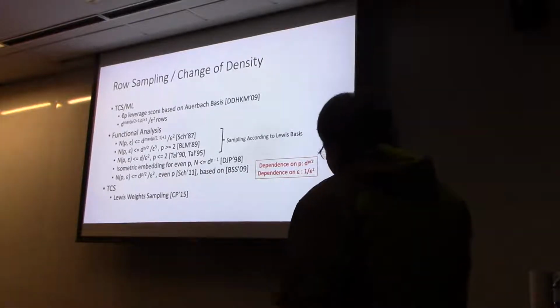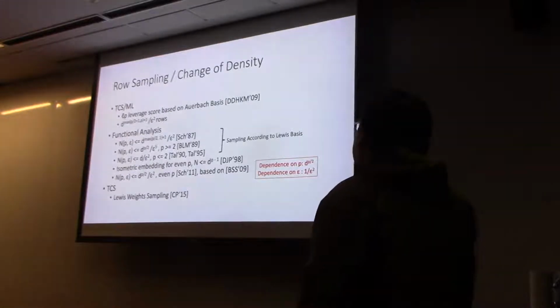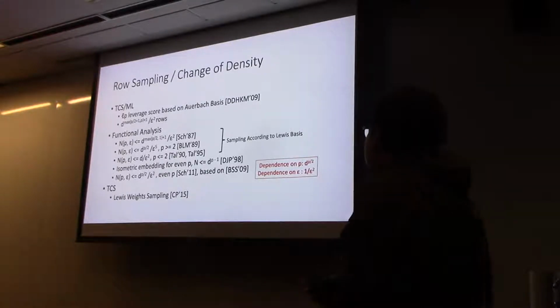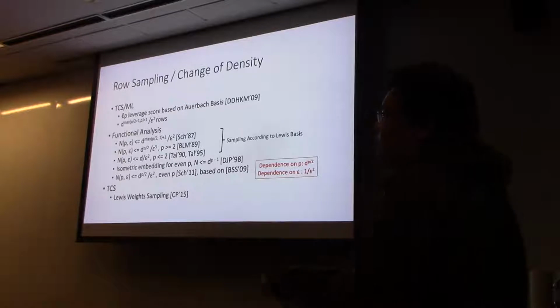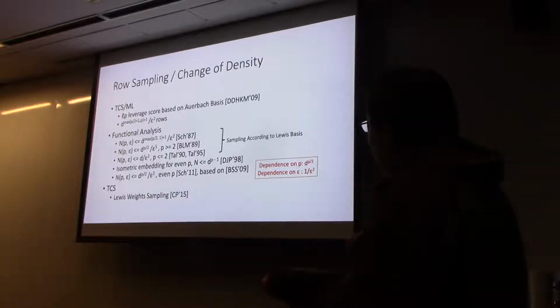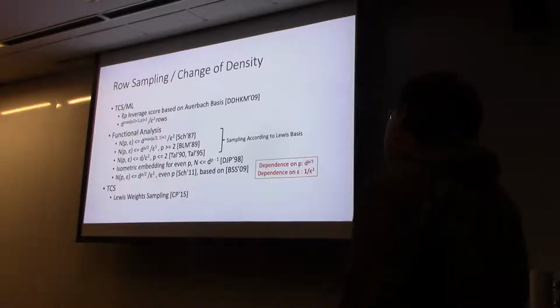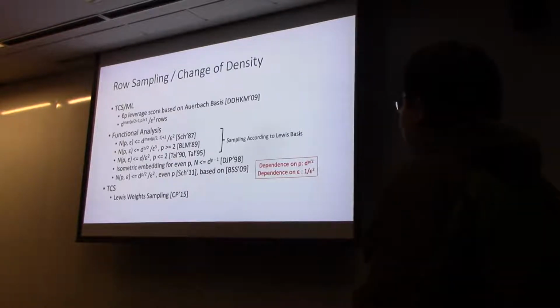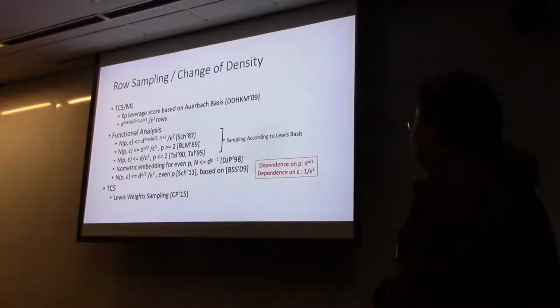So one question is, can we actually improve this dependence on p and the dependence on epsilon? What's the motivation? If we want to solve LP regression and I increase the value of p, then I need to sample more and more rows. Can we do better? Another thing is that the dependence on epsilon is somewhat bad: it has a 1 over epsilon squared dependence if p is not an even number.